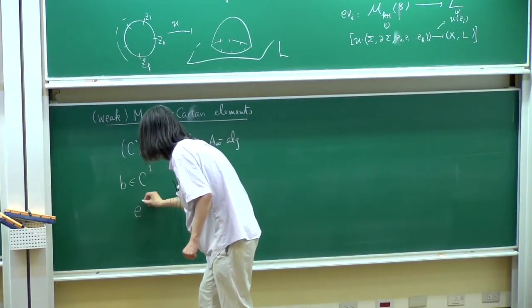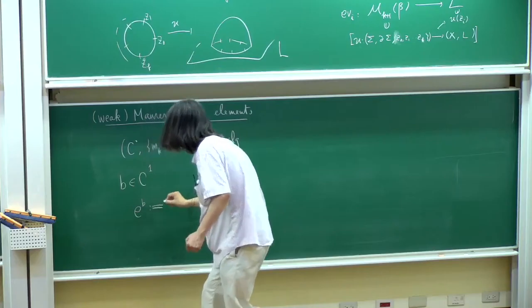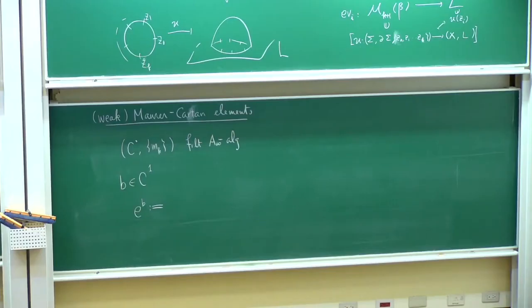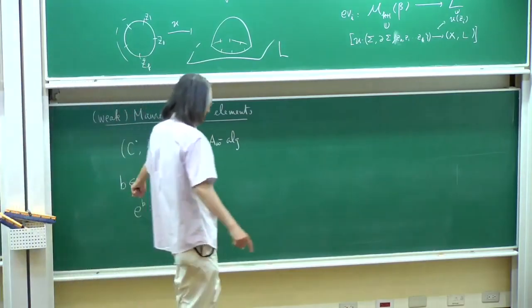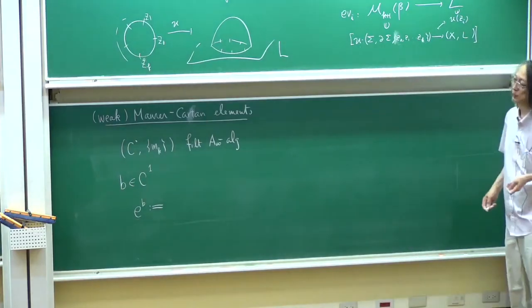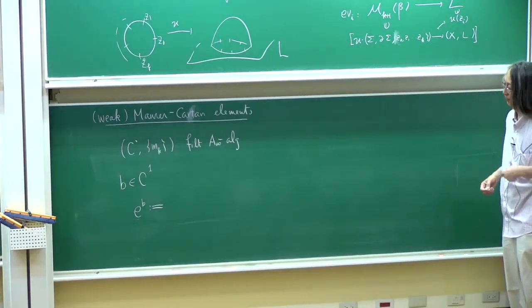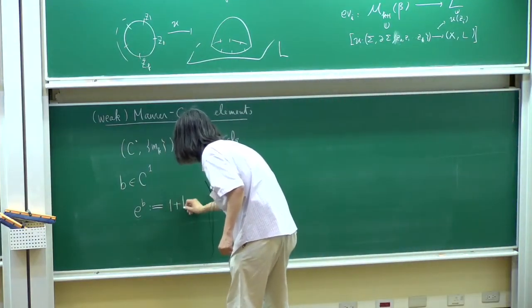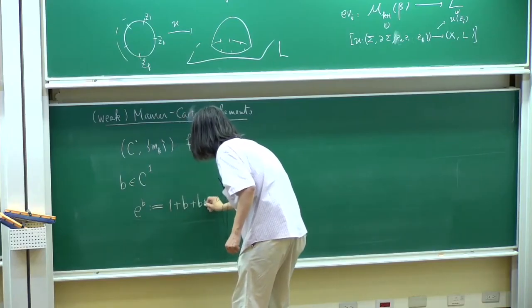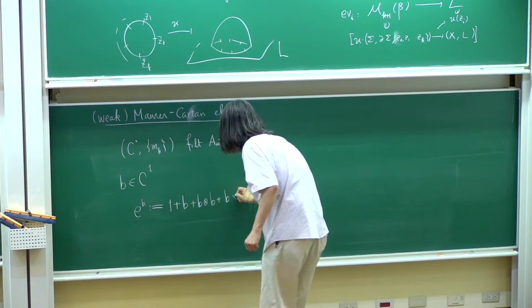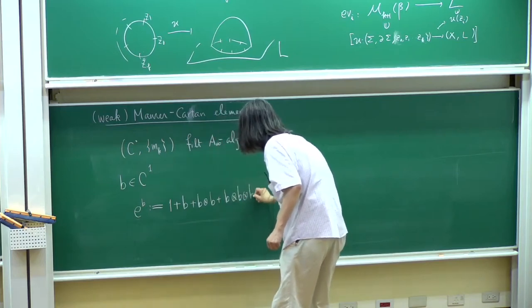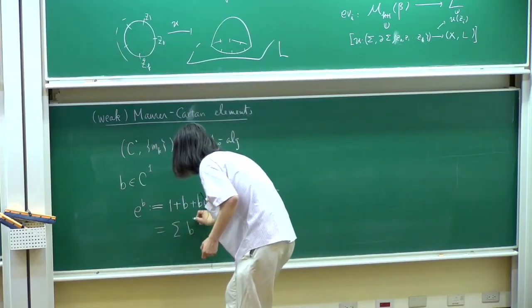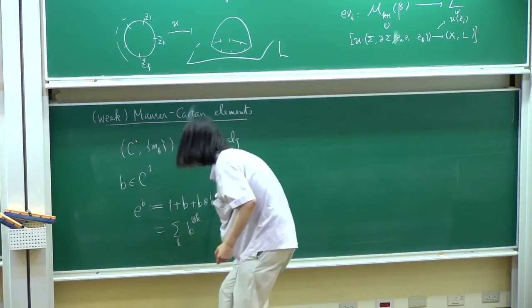I take e^b. This e is nothing to do with e for the Novikov ring; it is just similar notation. This one is a bit strange because we define it this way: it is just a sum of b to the n.